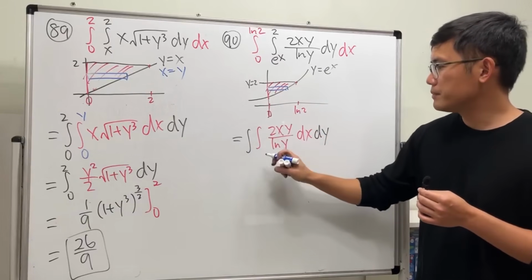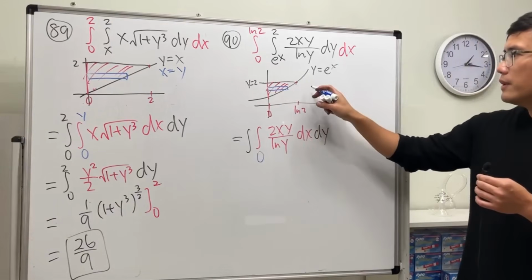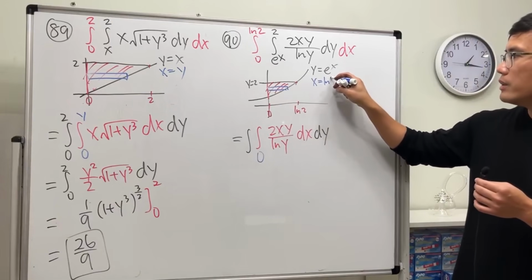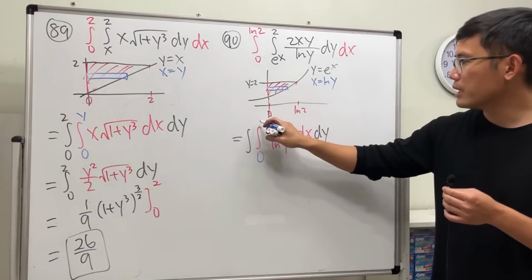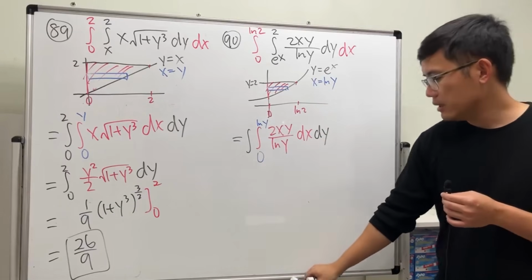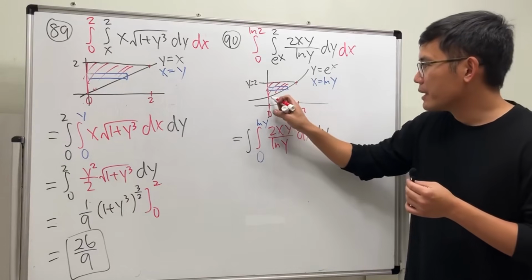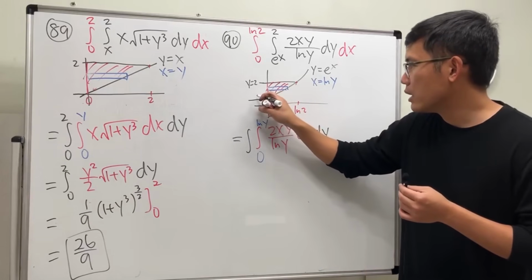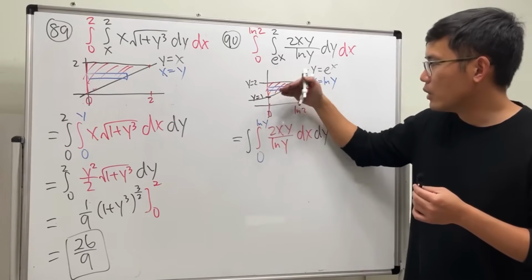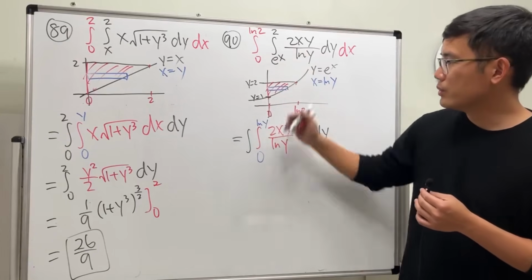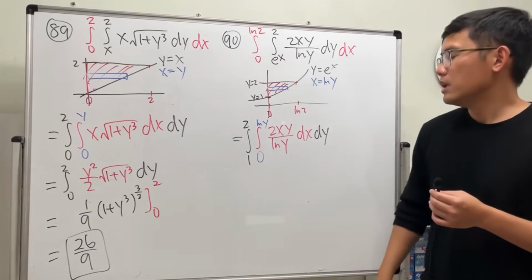Start from 0. This right here is the curve, so x is ln y. I'll put that down right here. And then dy, y is, be really careful, here is 1 to 2.